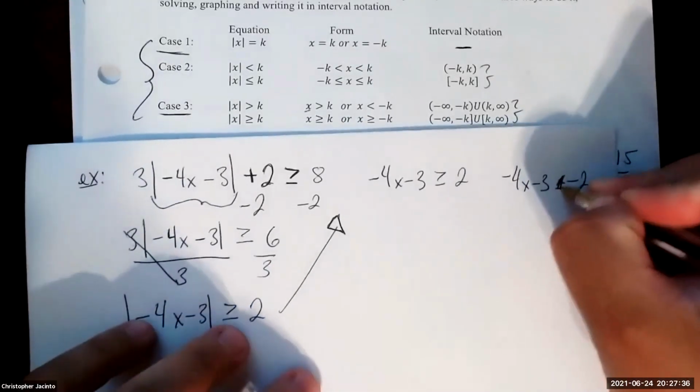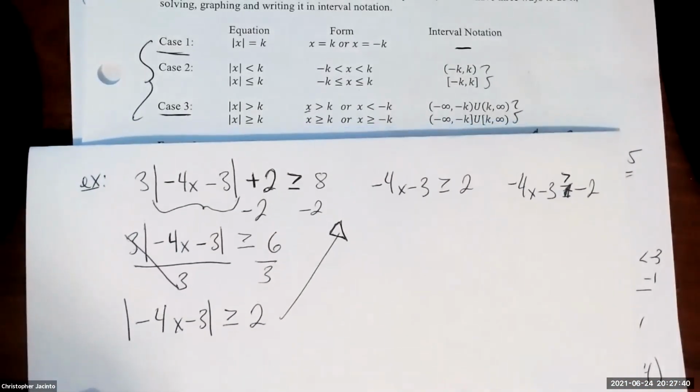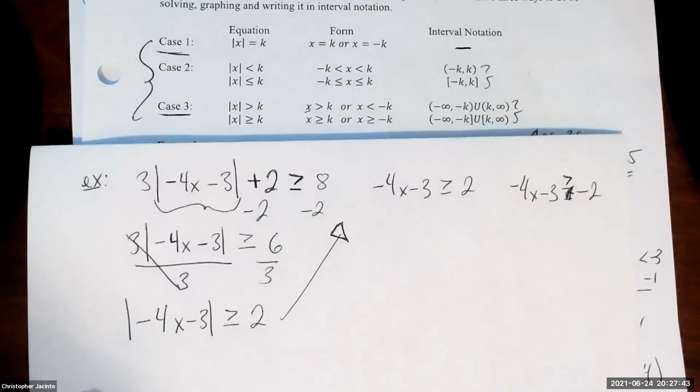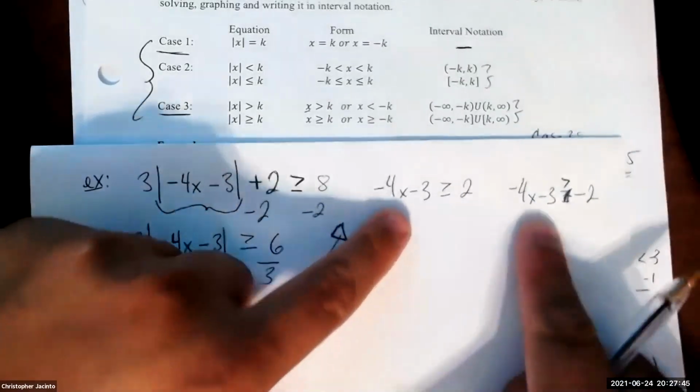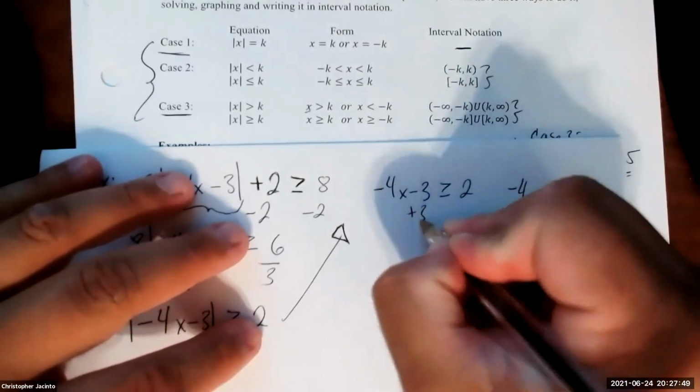No, no, what am I doing? Greater or equal. Yeah, there we go. Okay, so now we just solve individually. So +3, +3.